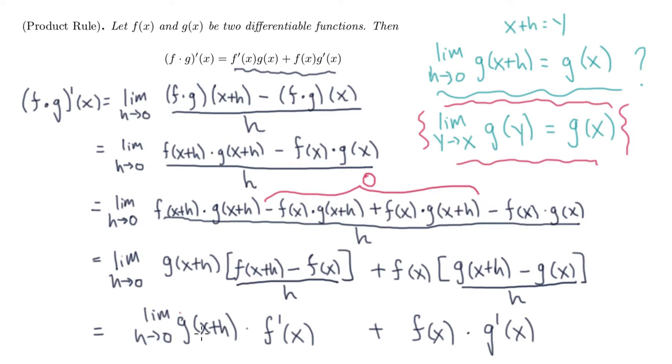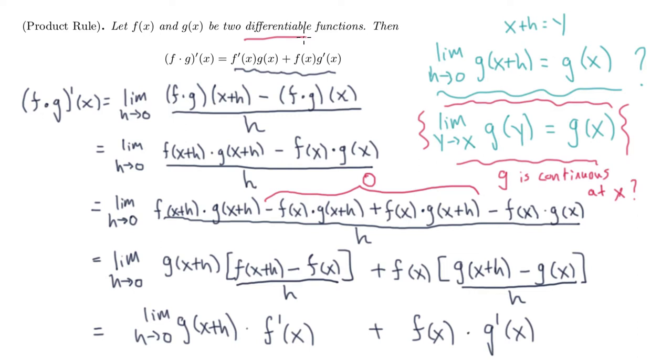Now remember, we need this to be true. So if g is continuous at x, we're done. So why is g continuous at x? Well, here's the key. g is differentiable at x.